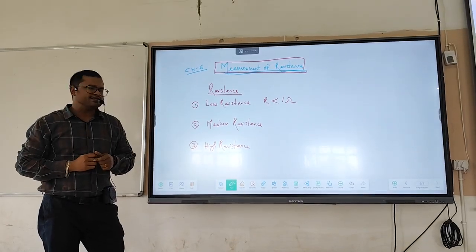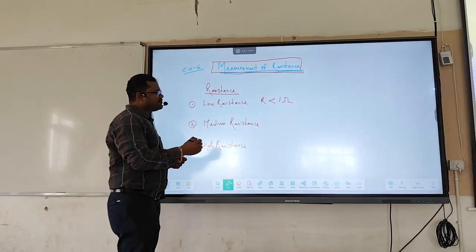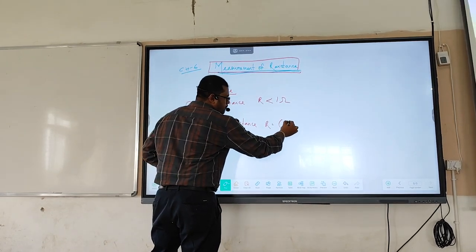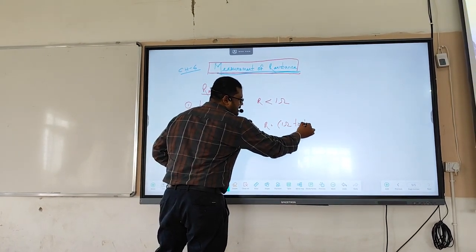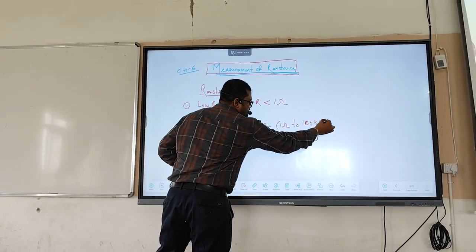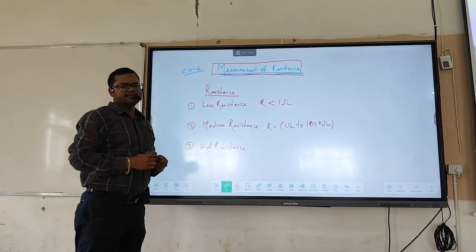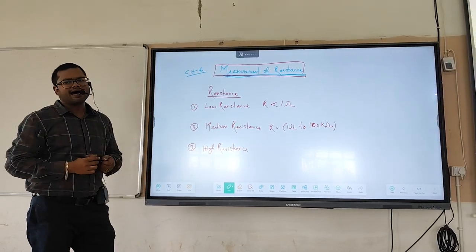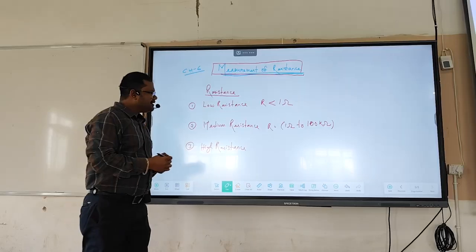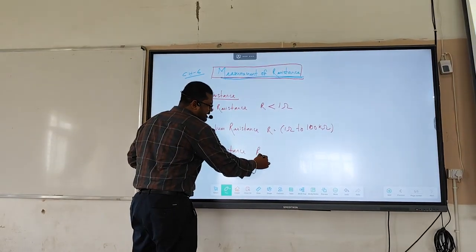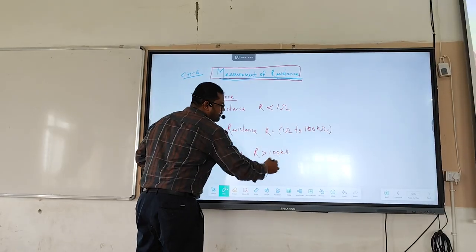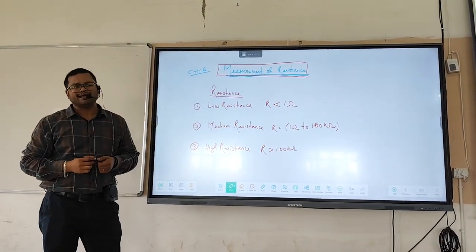And for medium resistance, when the resistance value is between 1 ohm and 100 kilo ohm, it is treated as medium resistance. And for high resistance, when the value is greater than 100 kilo ohm, we consider it high resistance.